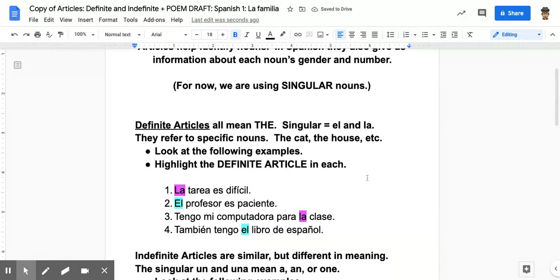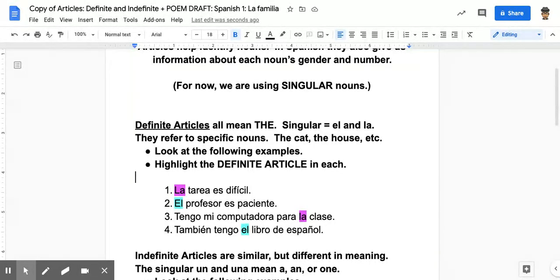So here's how the definite articles serve us. They tell us that we're referring to very specific things. La tarea es difícil. The homework is hard. Which homework? Probably some homework that we're working on. If you said, Señor, la tarea es difícil, I probably know what homework you're talking about. El profesor es paciente. Which teacher?